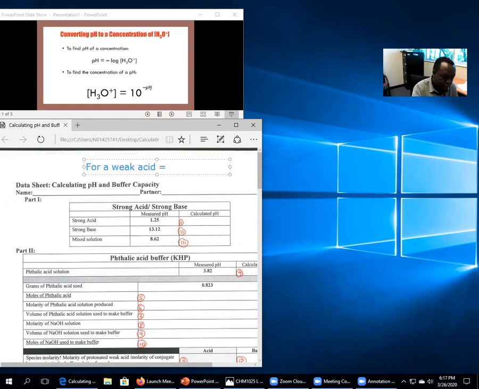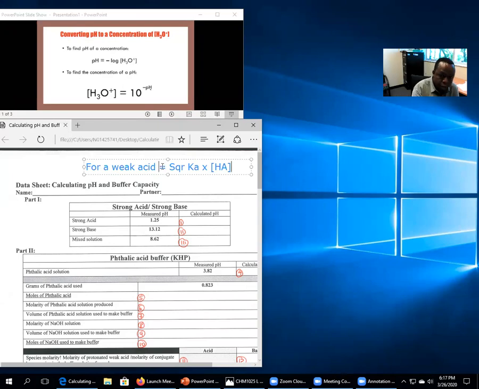It's given by the square root of Ka times the concentration of the weak acid. This is the generic formula for a weak acid. This gives you the equation to find hydronium concentration.